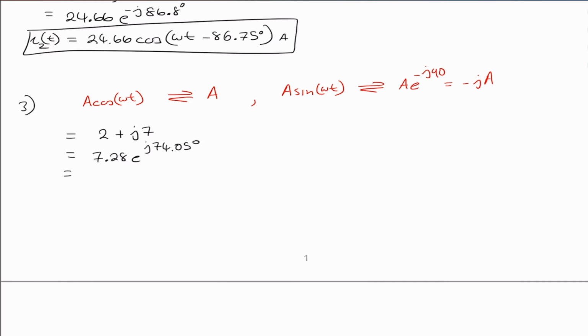We keep our magnitude 7.28 times cosine, and omega t in this case was 5t, and an angle of 74.05 degrees, and that's in amperes. So this is I3 of t.